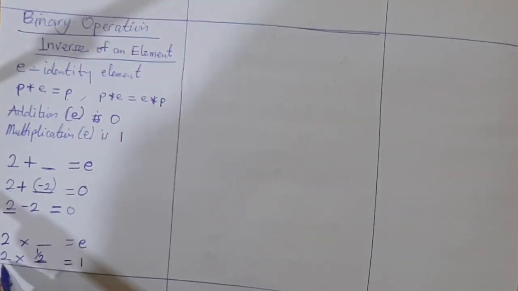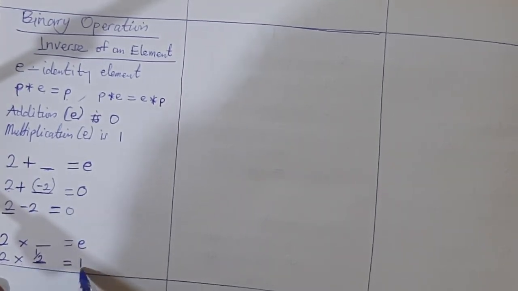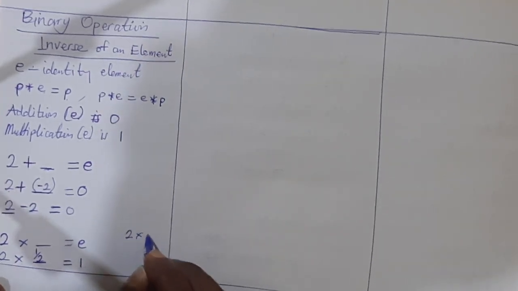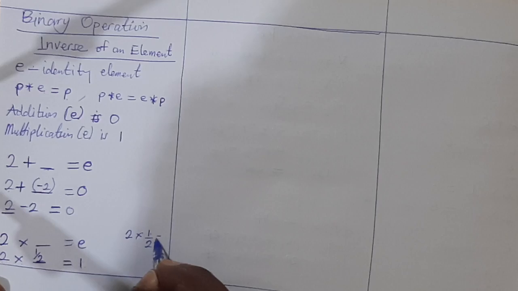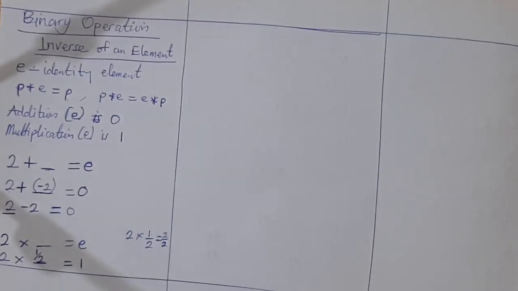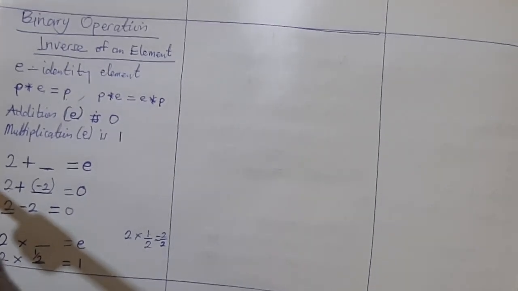So 2 times half is 1. The 2 multiplies the 1 up here, so we get 2 on 2. 2 divided by 2 is 1. So that is what we are talking about as inverse.